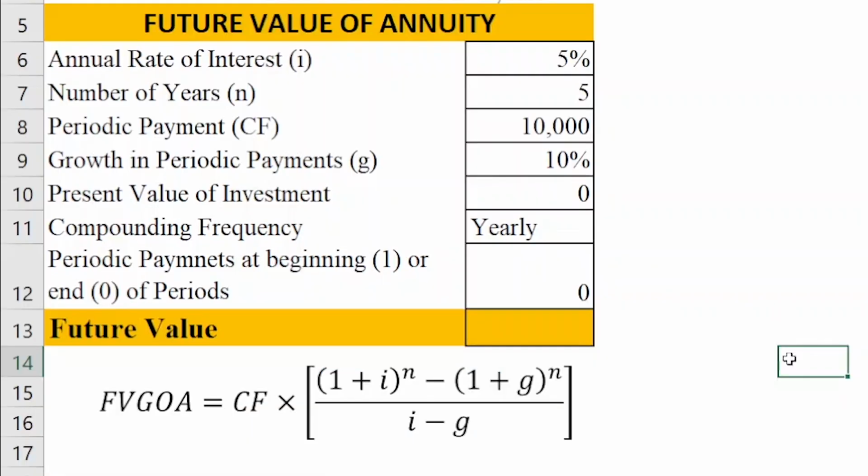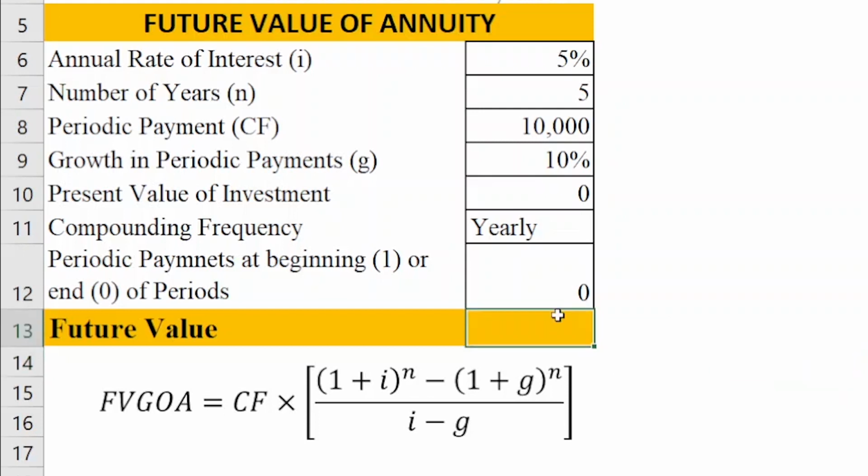So annual rate of interest is 5%, number of years 5, payments are 10,000, growth in periodic payment G, that is 10%, present value is 0, yearly payments are made, and 0 as the payment is made at the end of the period.